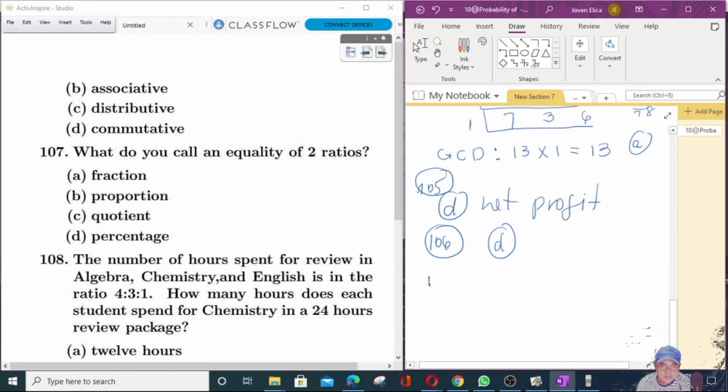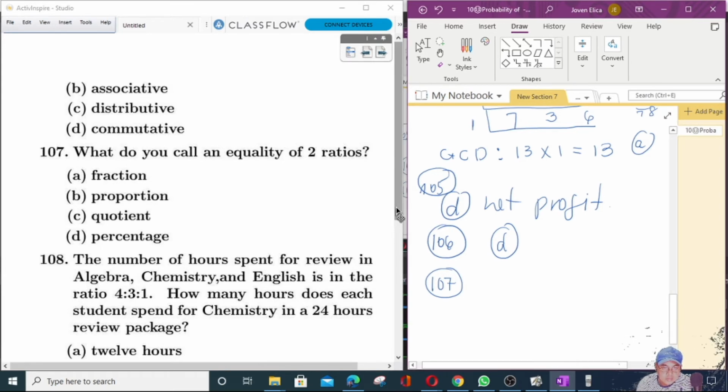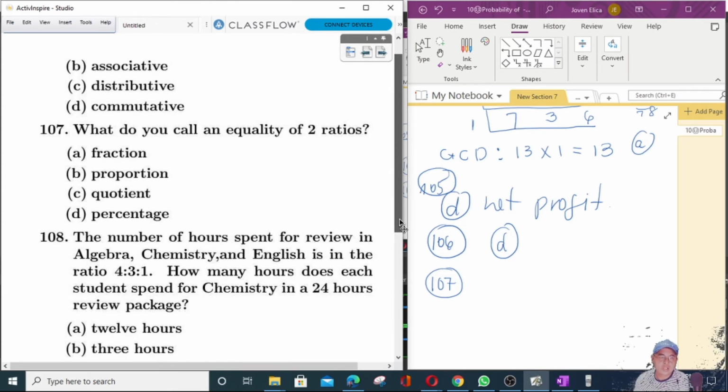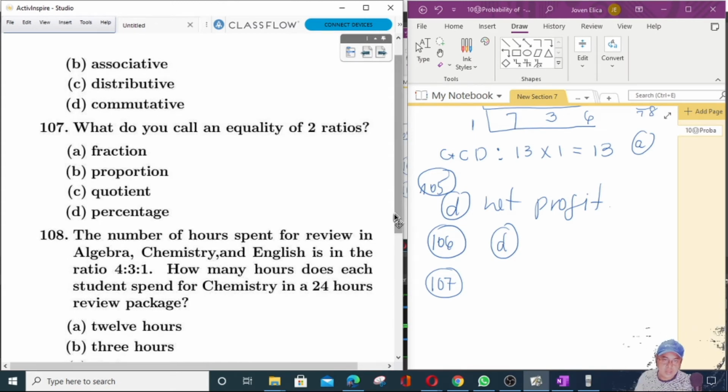Okay, so this should be 107. What is 107? It's not given. What do you call an equality of two ratios? It's a very straightforward definition.